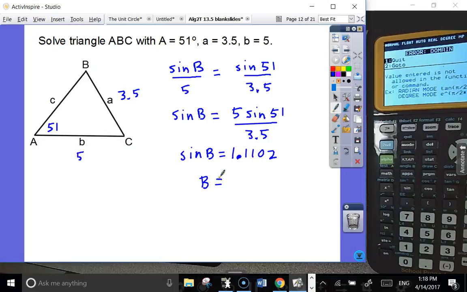That's what it looks like when there's no triangle. You're going to solve for an angle and you're going to get something where the sine equals something more than 1 or less than -1.